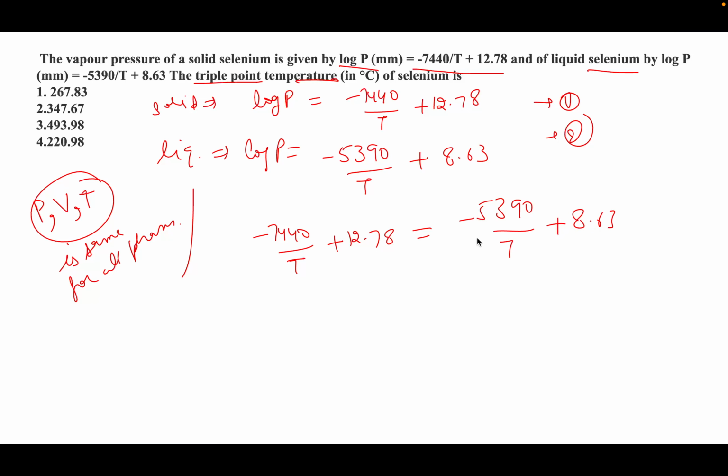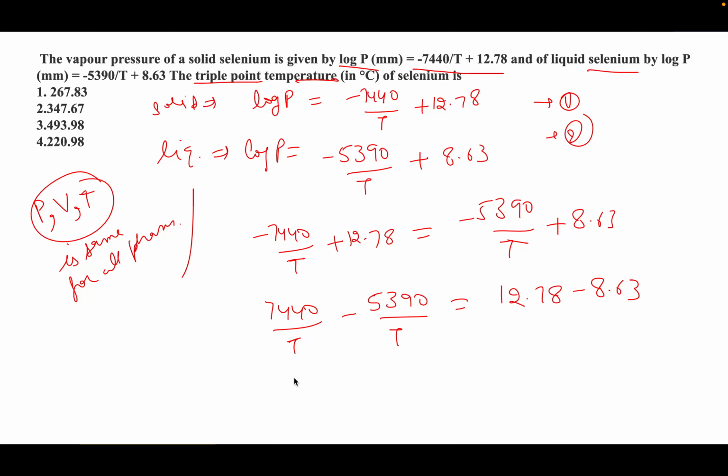When we solve this, this is 7440 by T minus 5390 by T. If we take this side, then this is 12.78 minus 8.63.